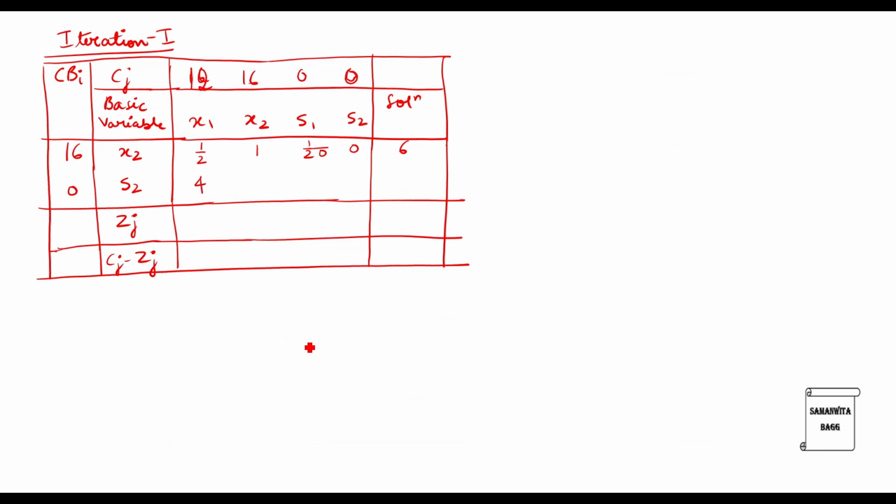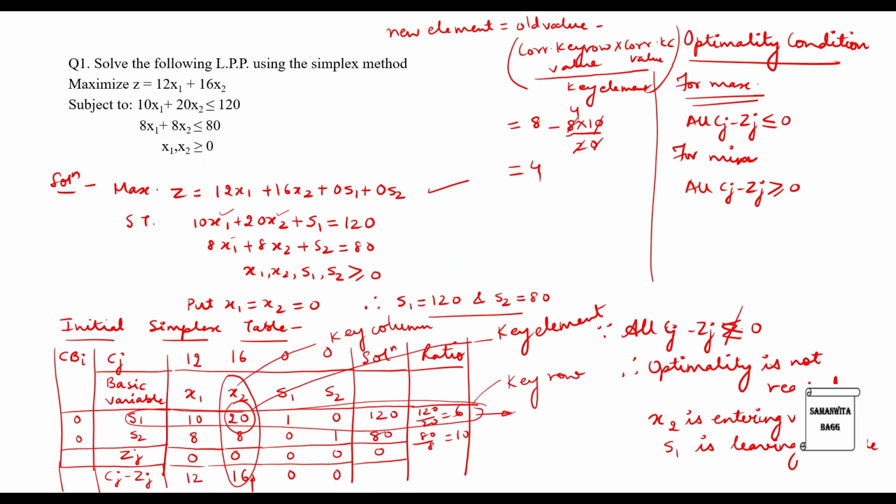Now we will talk about the next one. At this position, the value is 8 minus its corresponding key column value, 20, and its corresponding key row value, 8 itself, divided by 20. So this will be 8 into 20 by 20. This gets cancelled, and what remains is 0. You can always remember that the element or elements lying below the key element, that is below 20, always hold value 0. Had there been one more row below 8, that value would also be 0.